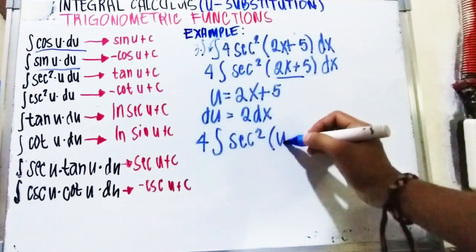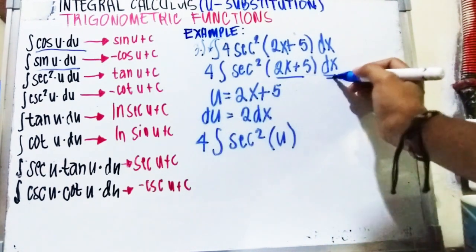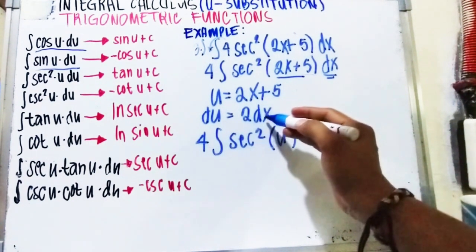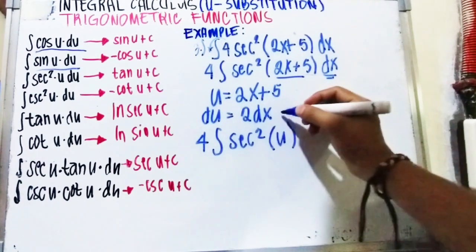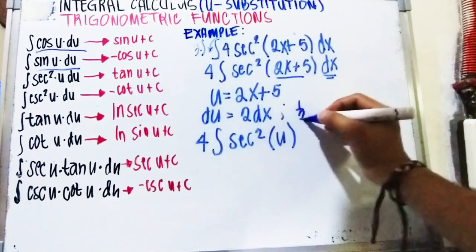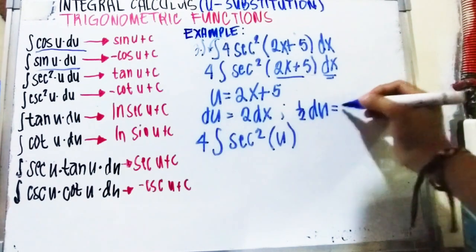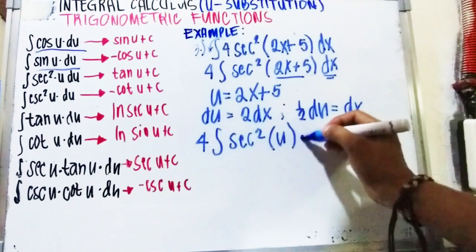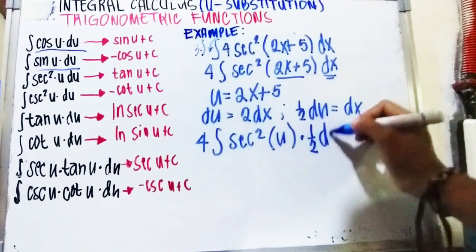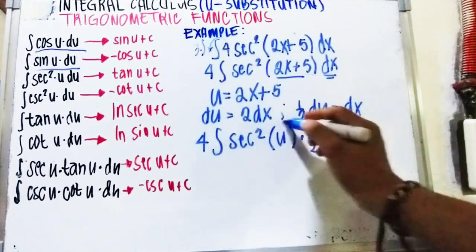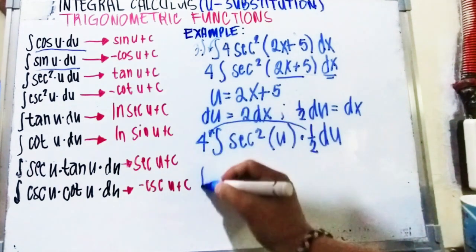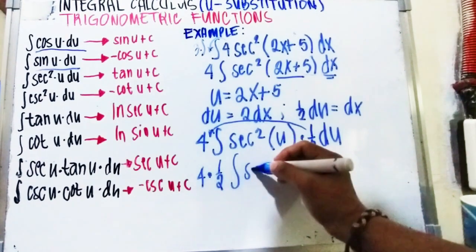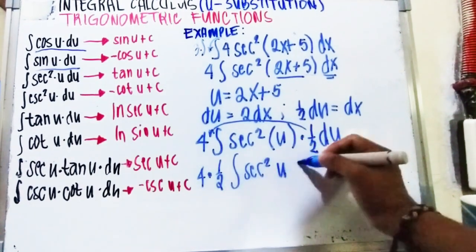Is our u. Then, 2 dx yung remaining dito. So, pwede natin itong i-evaluate, magiging 1/2 du is equals to our dx. Therefore, yung value ng dx natin ay 1/2 du. Palabas natin yung 1/2, magiging 4 times 1/2 integral of sec squared u du.